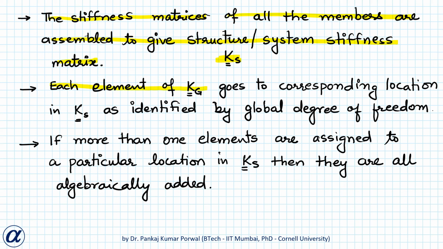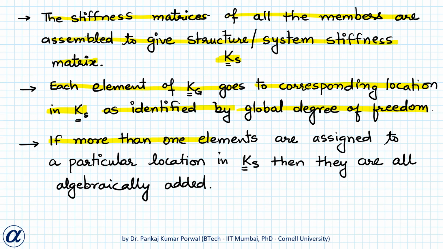Each element in Kg, which is identified by corresponding degrees of freedom in the column and in the row, will go to the corresponding location in Ks, identified by the global degrees of freedom for row and column.